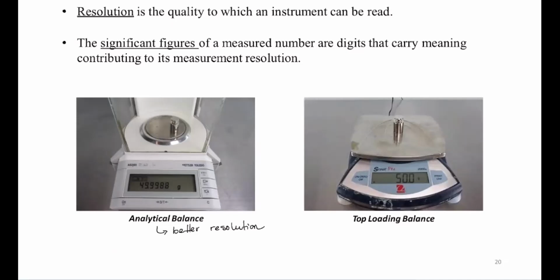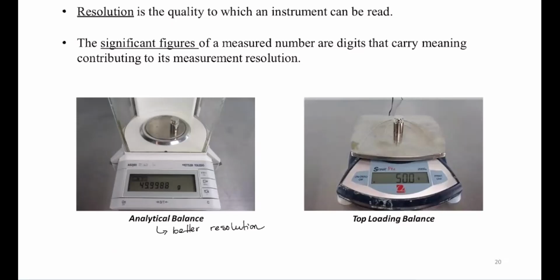Understand that in the laboratory, the more digits you can see, in other words the better resolution an instrument has, the more it's going to cost. While a top loading balance for laboratory purposes could be $50, $75, $100, an analytical balance can be a couple hundred. On the lower end they could be $500, or a couple thousand dollars, just from the fact that they have a better resolution and show you more digits.